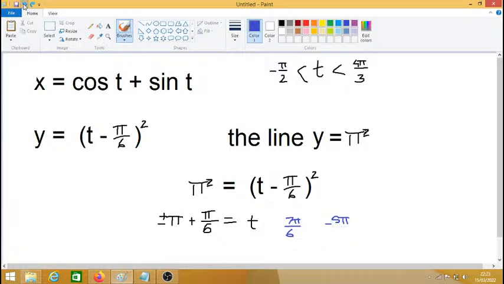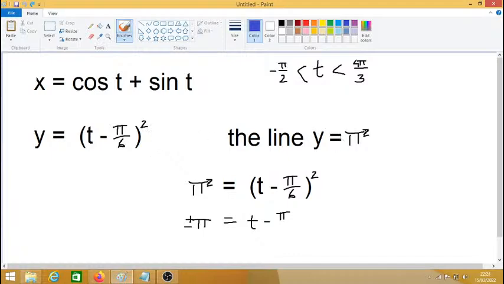Okay, let's just see if we can replay that to bring out the main points. You're starting with two parametric equations, one for x and one for y. You're also given the equation of the line, y equals pi squared. So here, straight away, you want to try and combine two of the equations. Easiest two to combine are y equals pi squared and y equals (t minus pi over 6) squared.